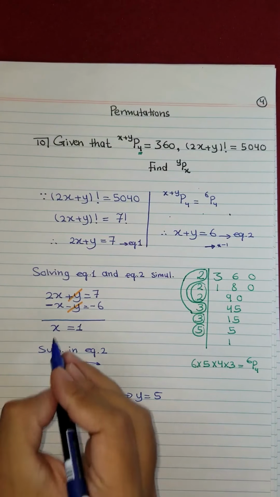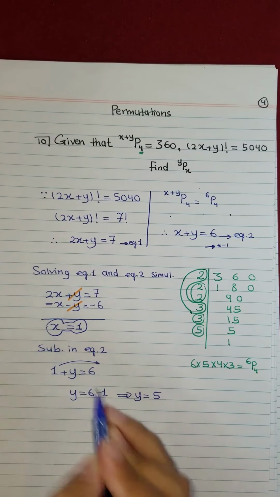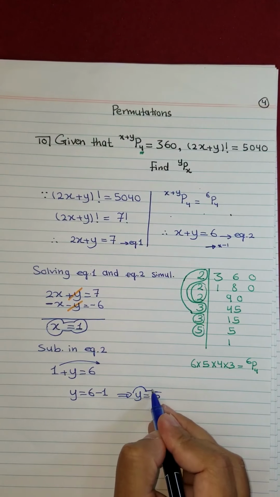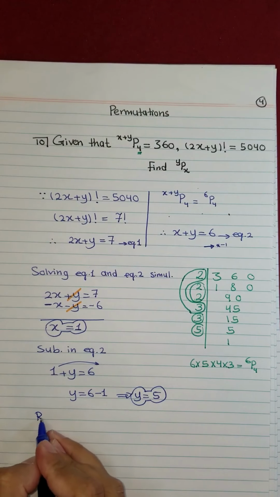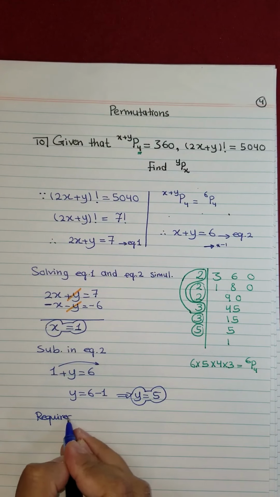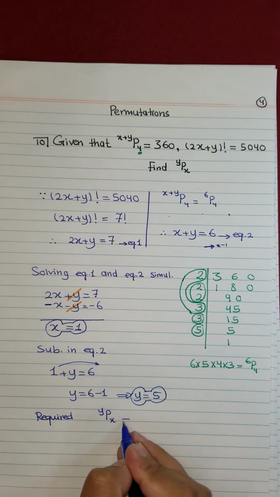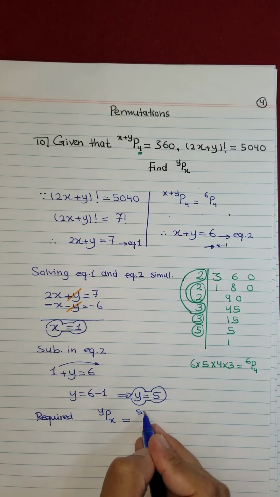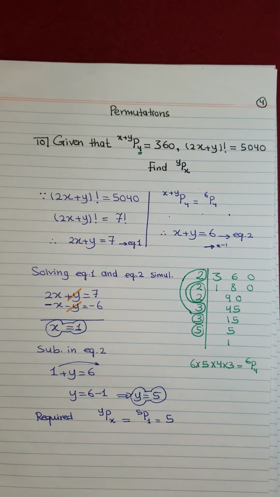So x is 1, and y is 5. And what we need you to find is y permutation x, which means 5 permutation 1. So it's one action and you write 5. So that's it. 5 permutation 1 is equal to 5.